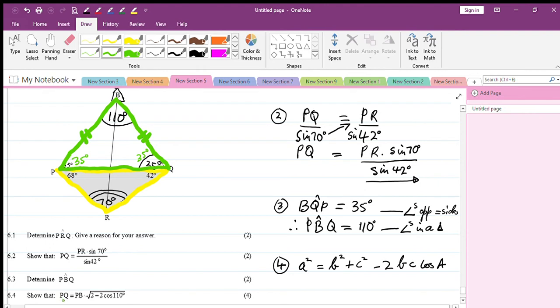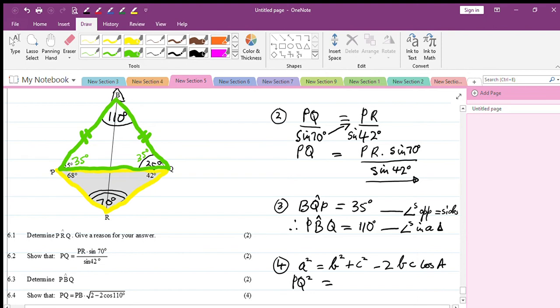Now to show that PQ is equal to that, what do we do? Where is PQ? PQ is down here. It's the bottom part of the green triangle. So PQ squared is equal to, these two sides will be our two sides where 110 degrees is included.